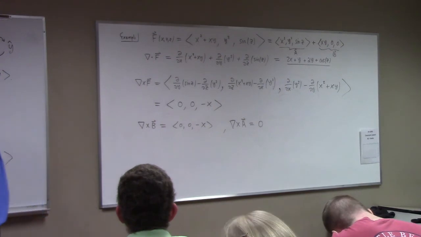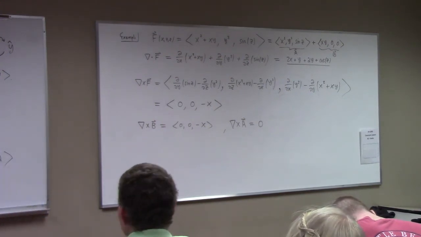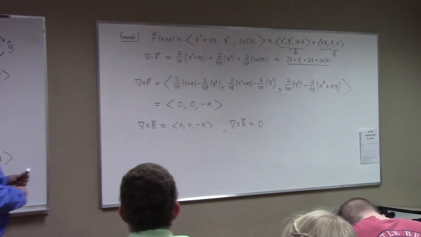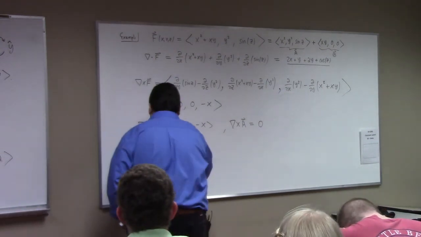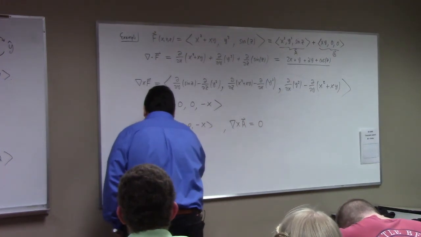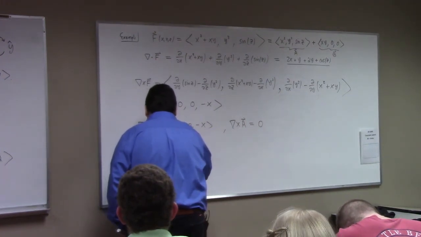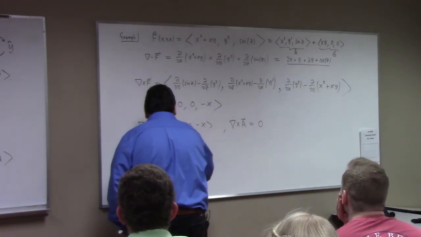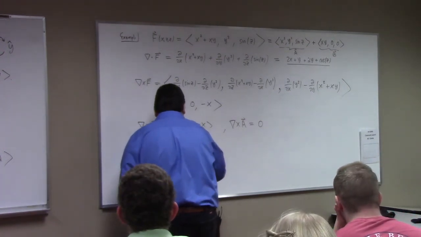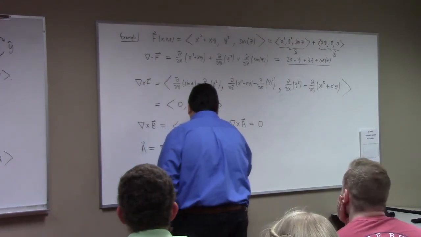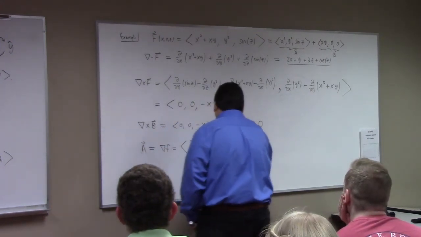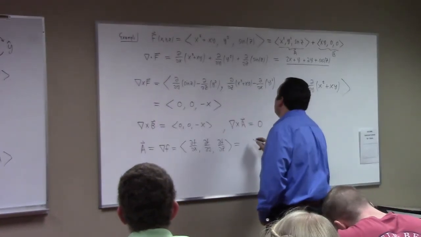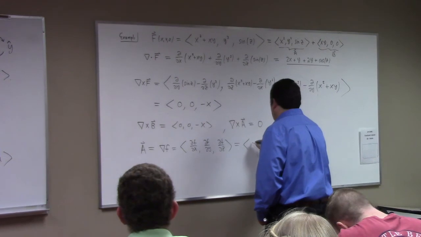I can say more. A is kind of a special kind of vector field. If you search your heart, you can see that it's the gradient of some special function, let's say f. So suppose A is partial f partial x, partial f partial y, partial f partial z. Can you tell me the little f that will give me x squared, y squared, sine z?